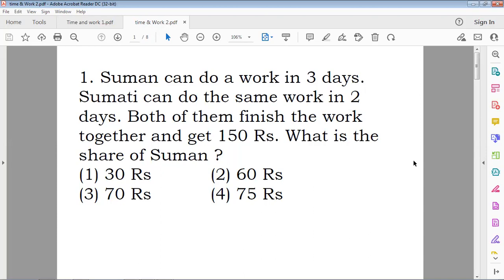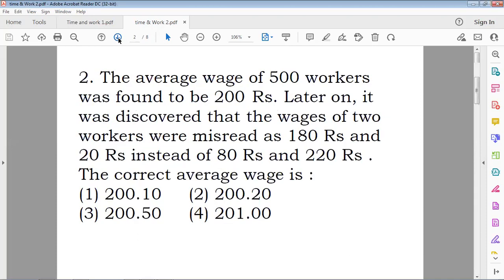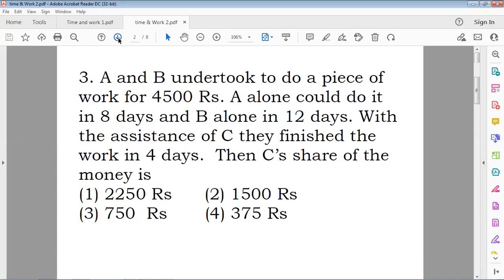Now try to solve the next question then. Now try to solve this one also, question number 3.